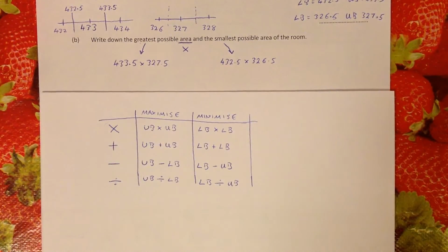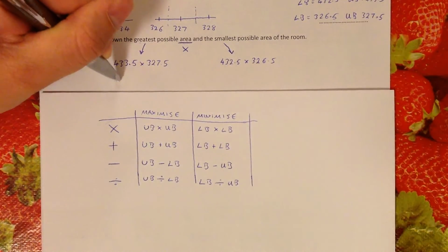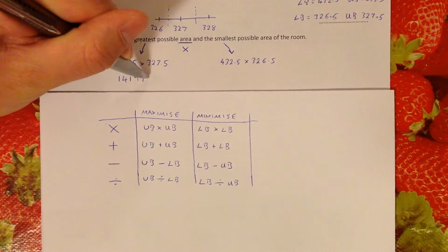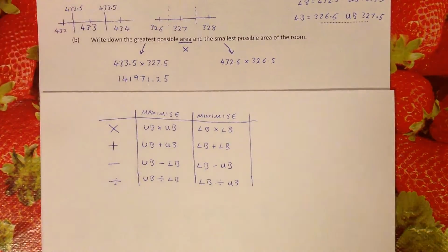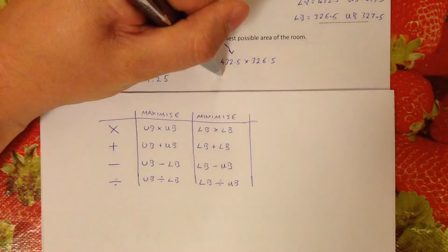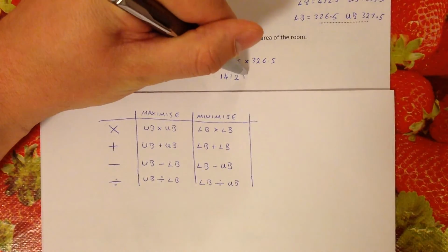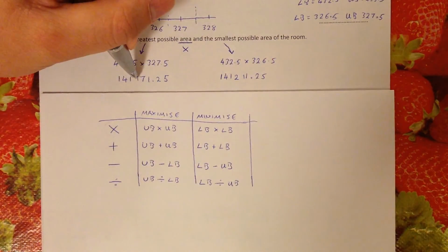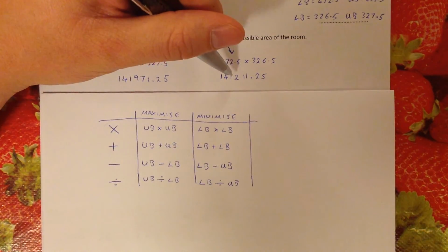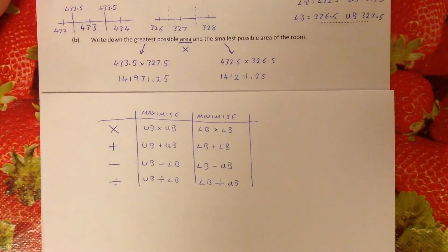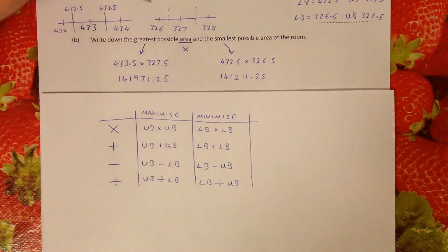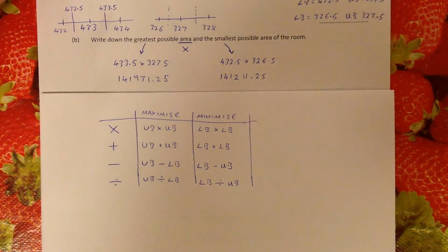So our upper bound, our maximum area, turns out to be 141,971.25, and our minimum, or the use of our lower bounds to create the smallest area possible, turns out to be 141,211.25. So we've got a gap there of, what's that going to be, 760. So we've got a massive variance there in the area of this room based on how we've rounded the bounds of each of the dimensions of the room.